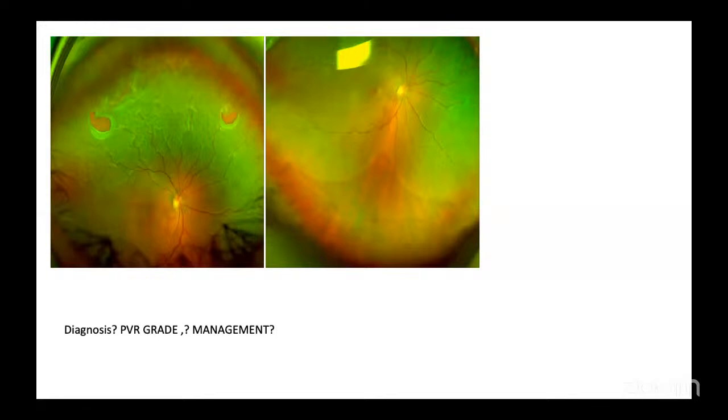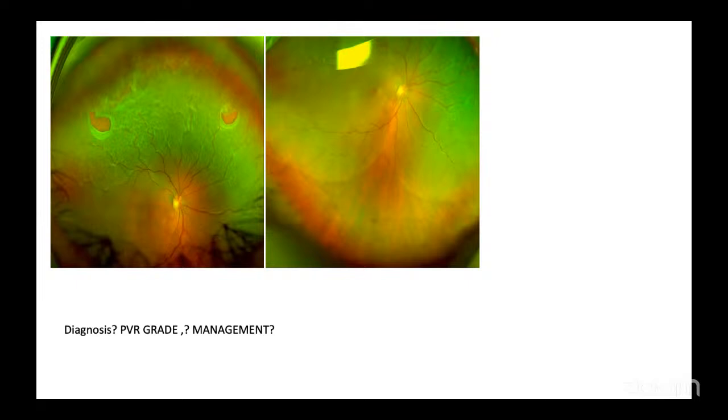I can see two horseshoe tears in the upper temporal and upper nasal quadrants. The upper temporal one can have proliferations or traction. There is also subretinal fluid, but it is more prominent in the right eye. There is bullous RD in the right eye.